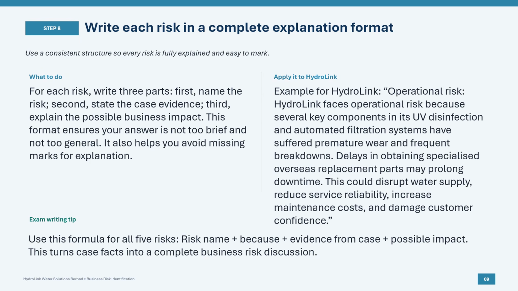Example for HydroLink operational risk: the company faced operational risk because several key components in its UV disinfection and automated filtration system have suffered permanent wear and frequent breakdown.